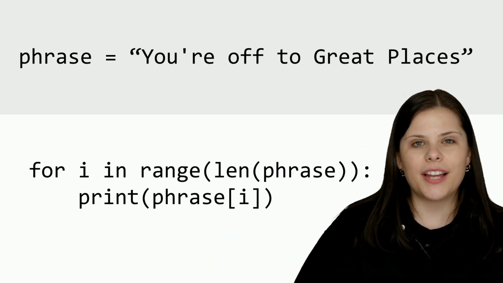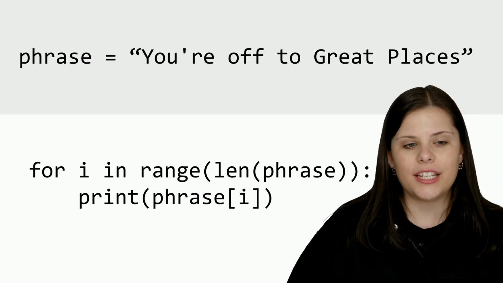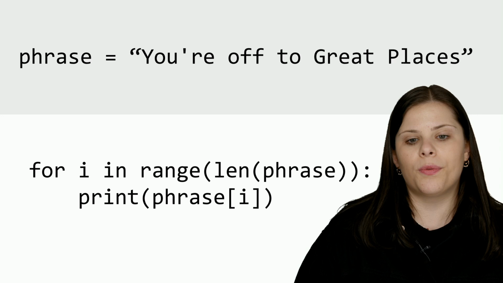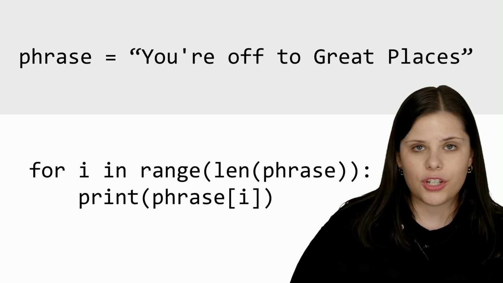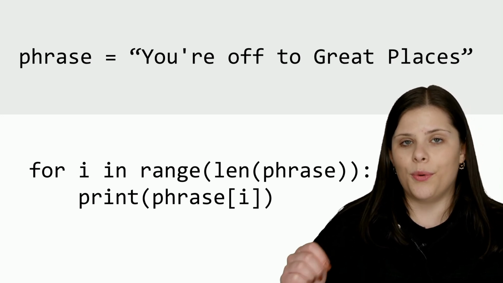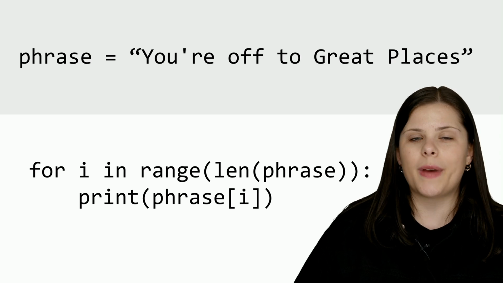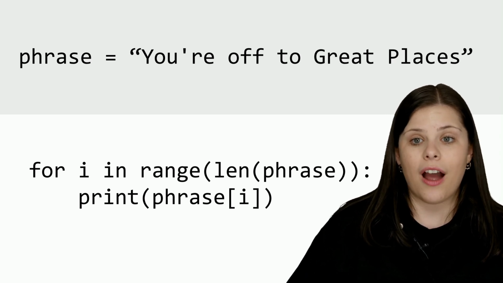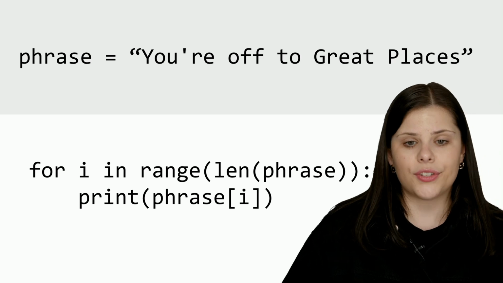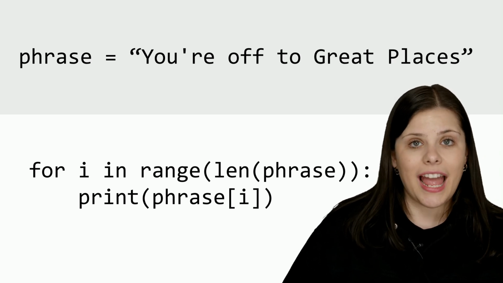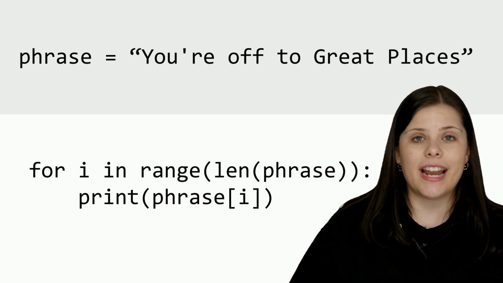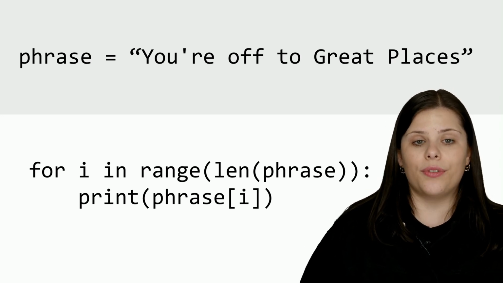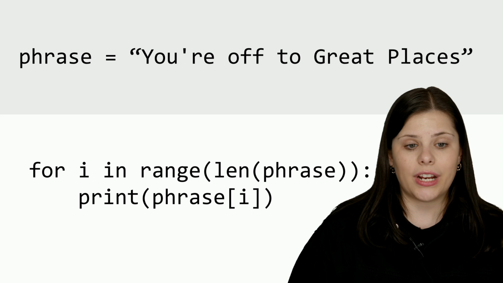And so if I literally had to translate what we did in C to Python, it might look something like this. So for i in range, right, we already learned that range will start at 0, and then it will take step 1. So we really just need to specify the endpoint. And in this case, the endpoint is the length of our phrase, right? So similar to strlen that we had in C, now we just have len, and it will tell us the length of the string, the number of characters that that string has.